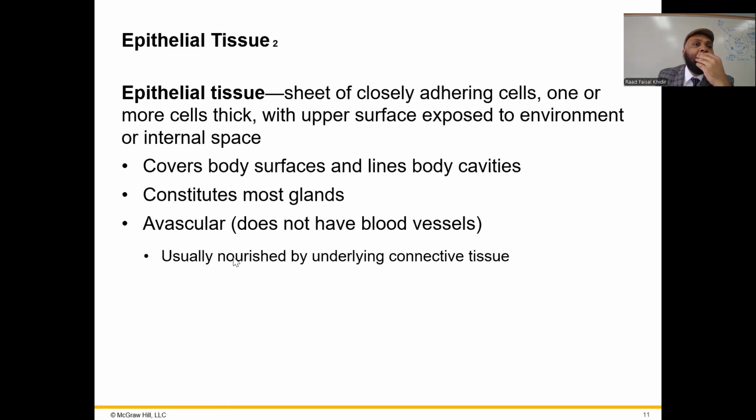So now let's talk about four different tissues. There's the epithelial tissue, and the epithelial tissue is a sheet of closely adhering cells, one or more cells thick, with upper surface exposed to the environment or the internal space.